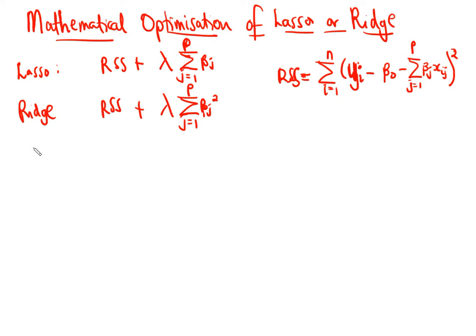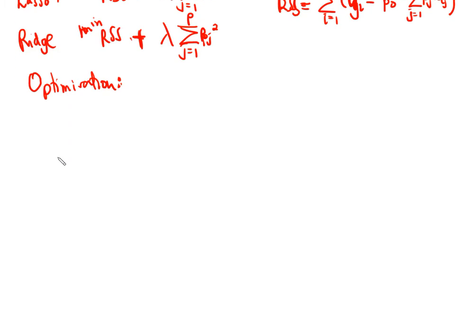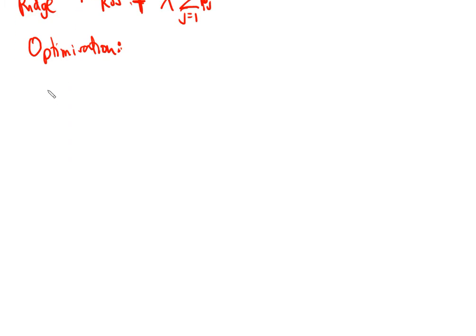So using optimization, it is solving these problems here. When you say minimize this, that's what we write. Minimize this quantity. That's what we've been saying. It can be shown that using mathematical optimization, it is the same as solving these problems.